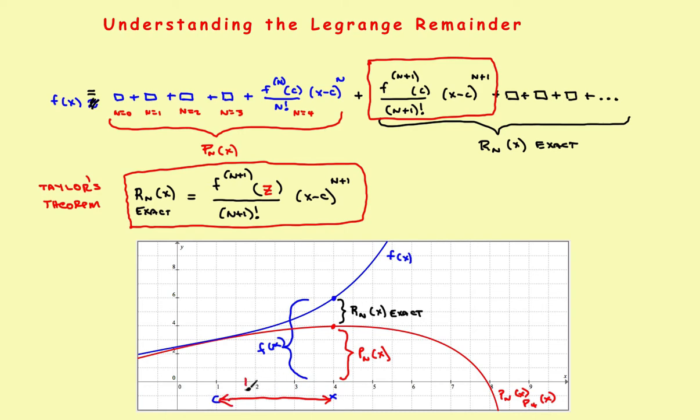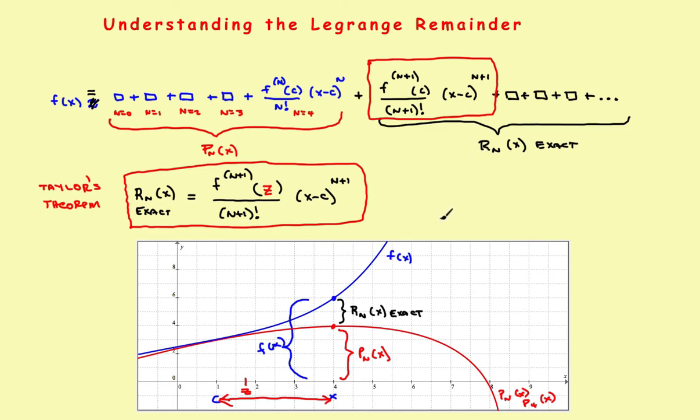If you can find this particular value z and evaluate the derivative there, you will get the exact value for the remainder. So Taylor's theorem gives you a way of getting an exact value of the remainder.